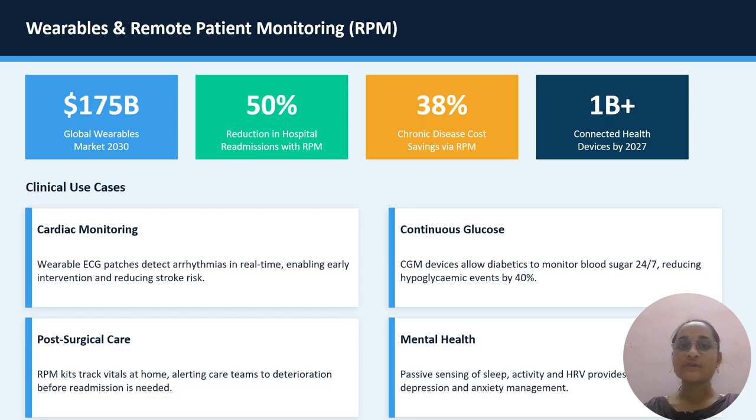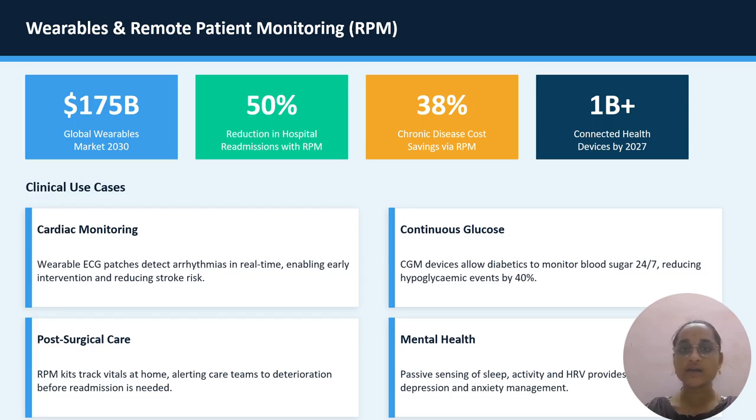First one is cardiac monitoring. ECG patches detects heart's rhythm issues in real time, reducing stroke risk. Continuous glucose monitoring (CGM) device let diabetic tracks blood sugars 24 by 7, cutting low sugar events by 40%.